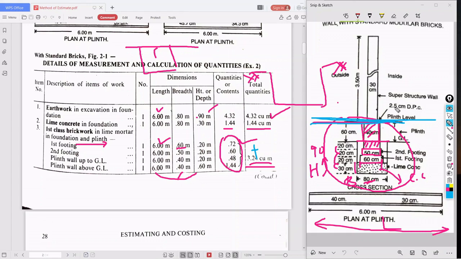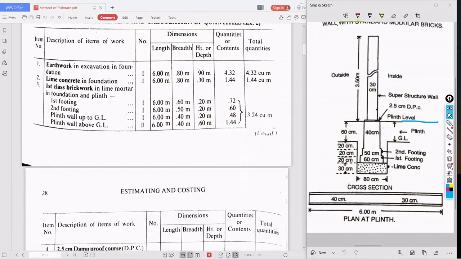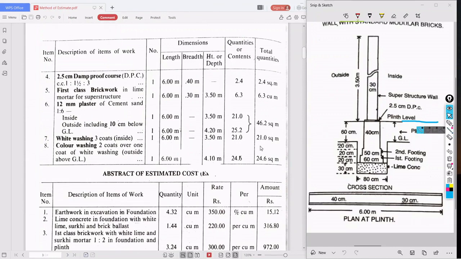Next, what do we have to do? Next, we have to apply this DPC. So I clear them all. Up to this plinth level the work is over. Next we have to apply the 2.5 centimeter DPC, right? See, the fourth item is 2.5 centimeter DPC.